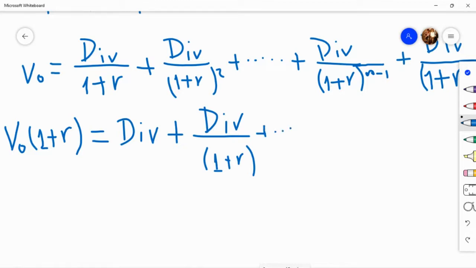And then everything following after that will lose 1 from the exponent of its denominator. And this one will become 1 plus R raised to infinity minus 2.